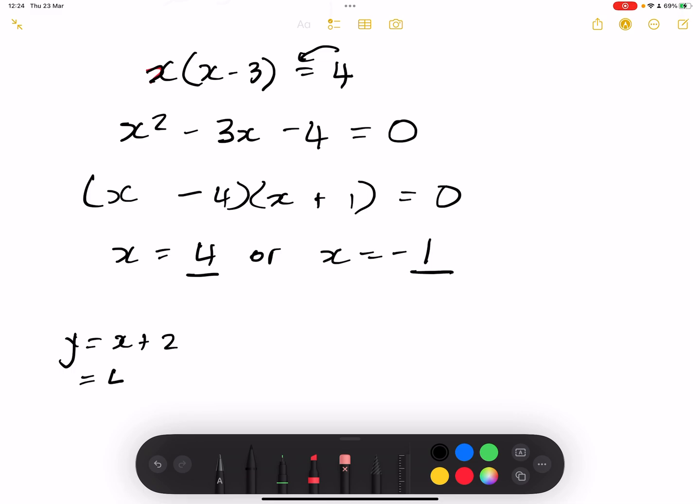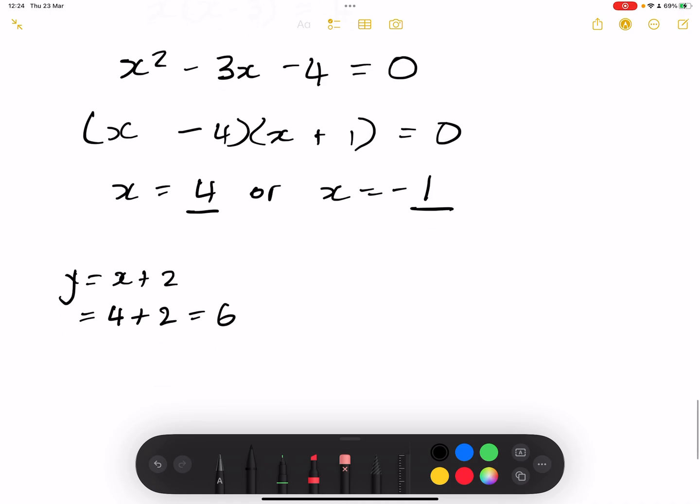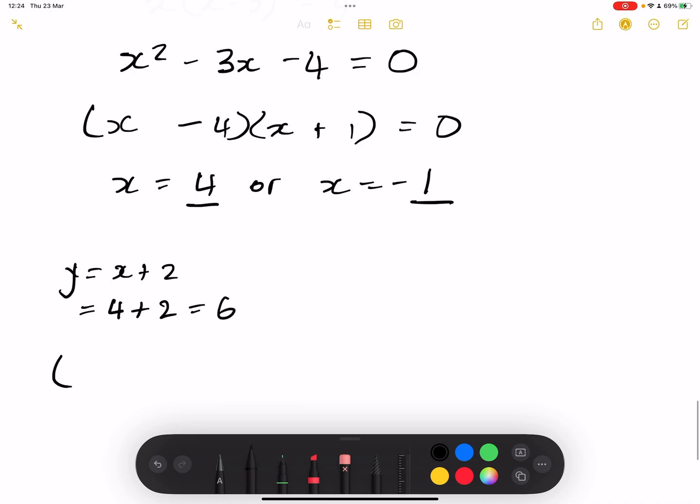That's going to be 4 plus 2, so a first point of intersection will be where x is equal to 4 and y is equal to 6, right? And another point is where y is equal to -1 plus 2. So the other point would be at -1 and 1, right?